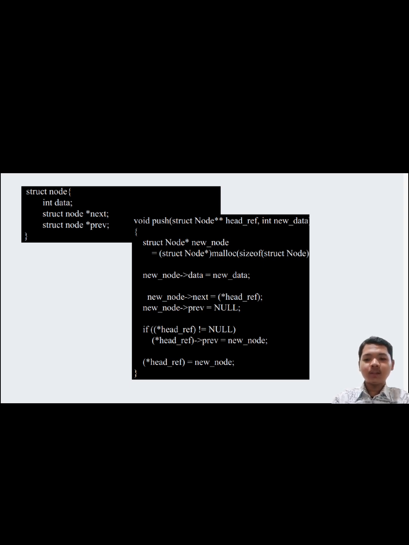Set data is in the 11th row. This line sets the new data value to the data member of the newly allocated node. Set next pointer is in the 13th row. This line sets the next pointer of the new node to point to the current head of the doubly linked list.